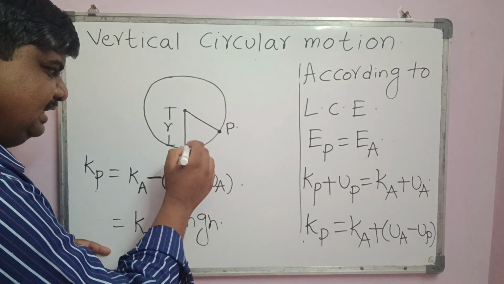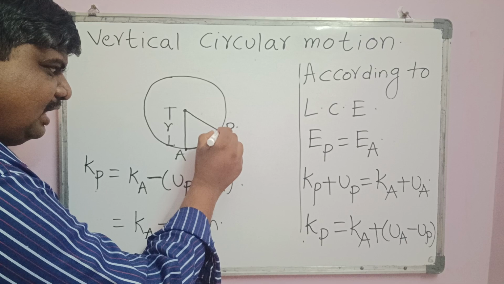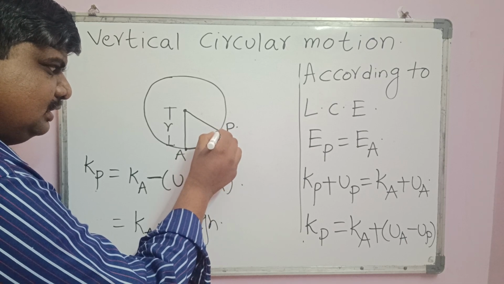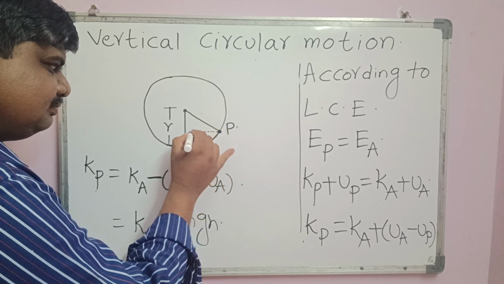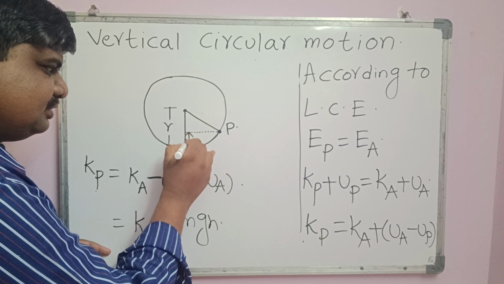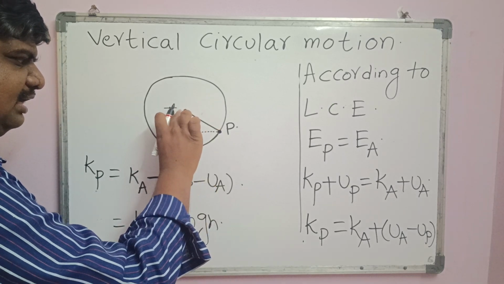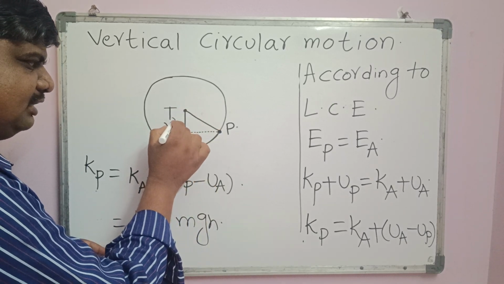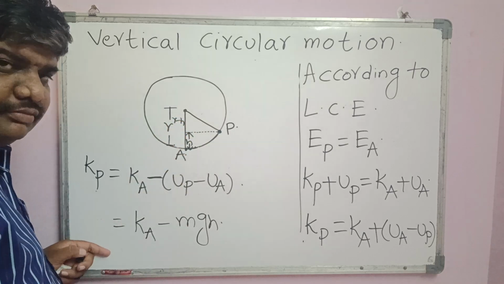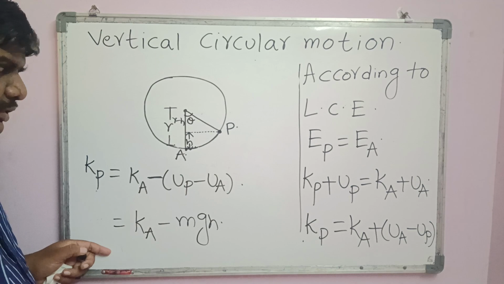While the particle is transferred from A to P along the circular track or curved path, it will be at a height h from the lowest position. Let us say this height is h. If this part is h and this entire part is r, then this will be r minus h. Let this angle be theta.